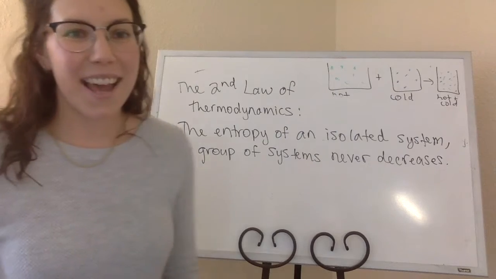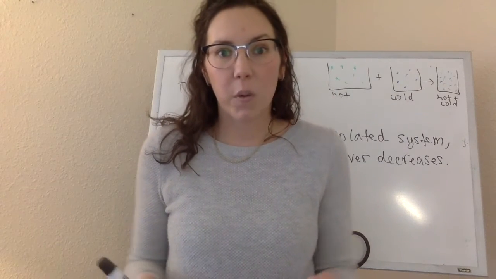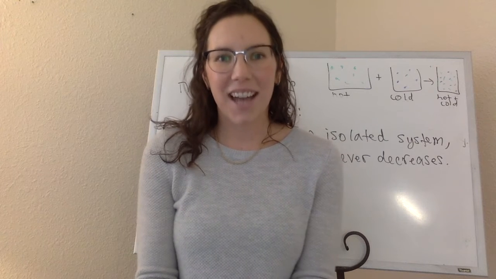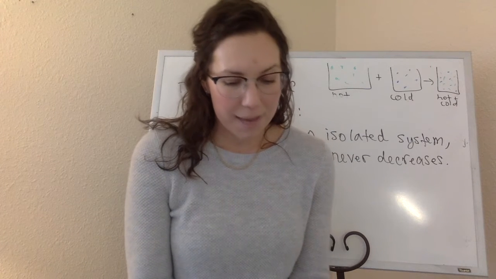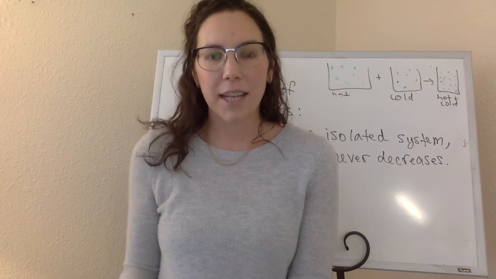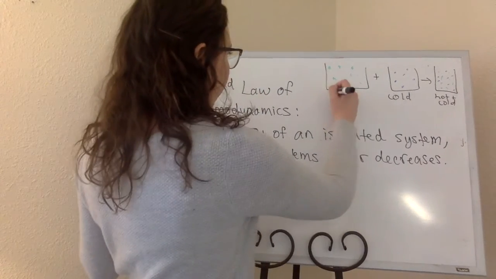So this means that the entropy, the degree of disorder, will always increase, or if the system is already at equilibrium, it will remain the same. And so this is why we have heat flowing always from hot to cold.